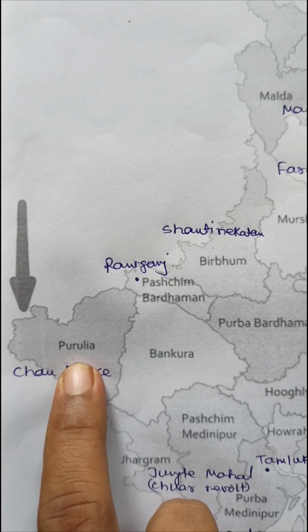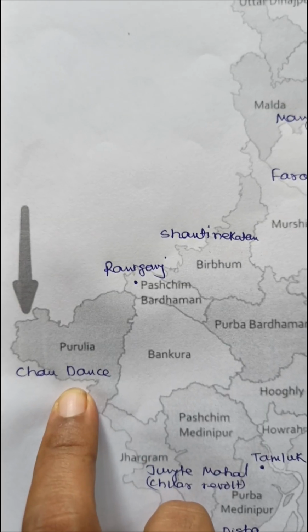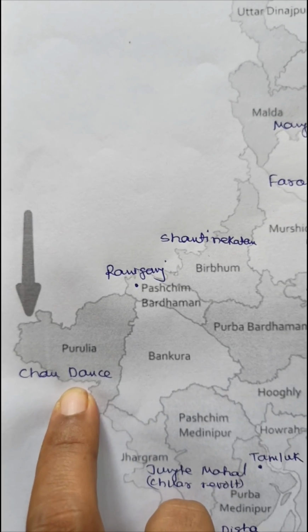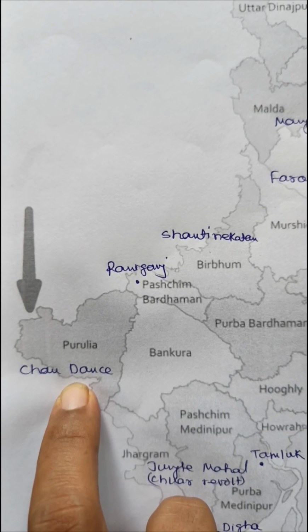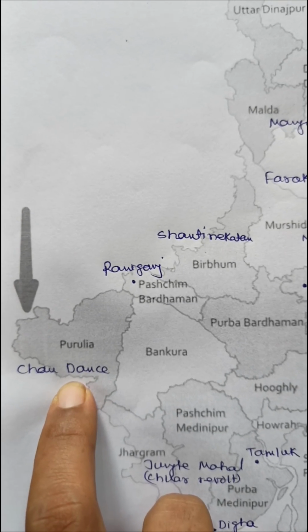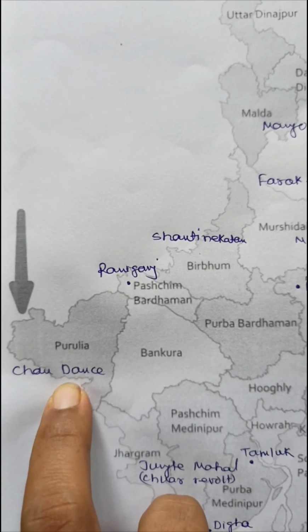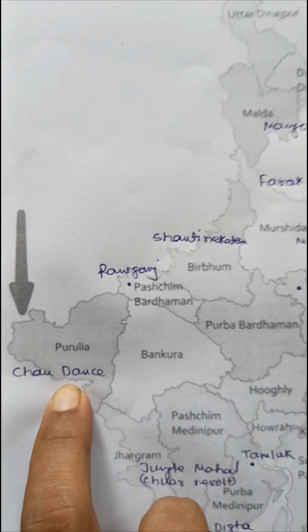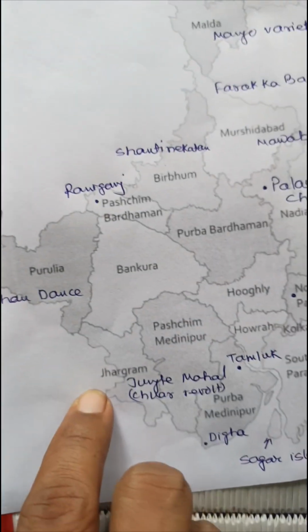And as we all know, there are three distinct styles of Chhau dance. One is Purulia, another one is Mayurbhanj style, and that originated in Odisha, and the third one is Saraikela, that originated in Jharkhand.